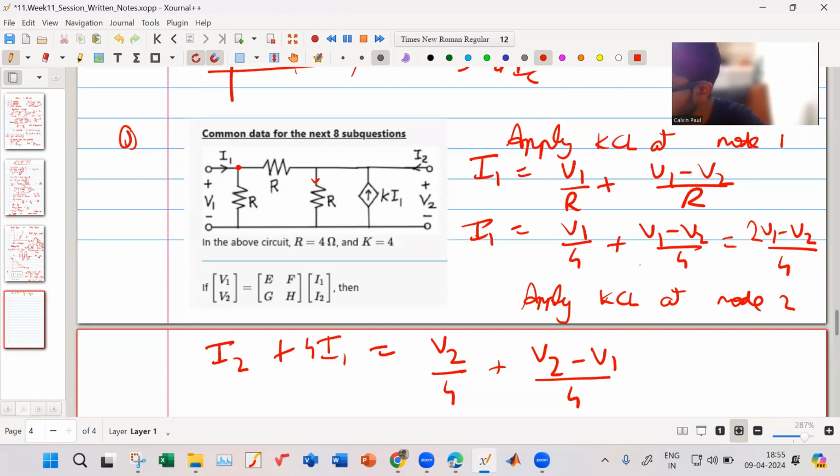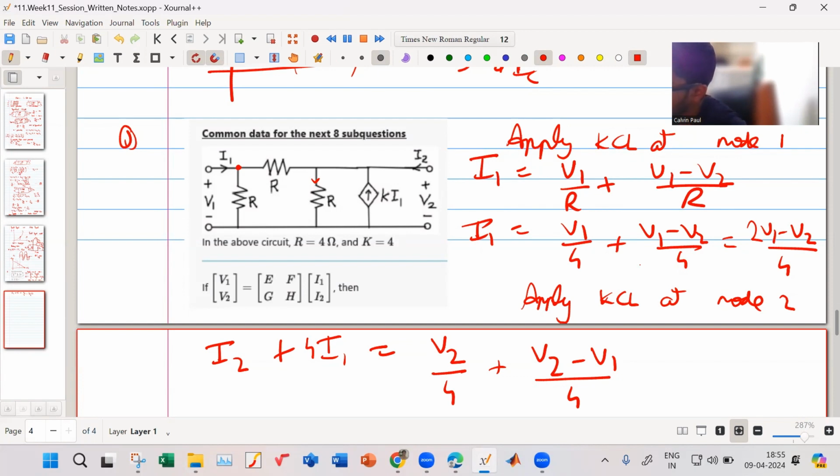Now put I2 equal to 0. No, that is complicated. What I am seeing is, if you put I2 equal to 0, then you get I1 in terms of V2 and V1.